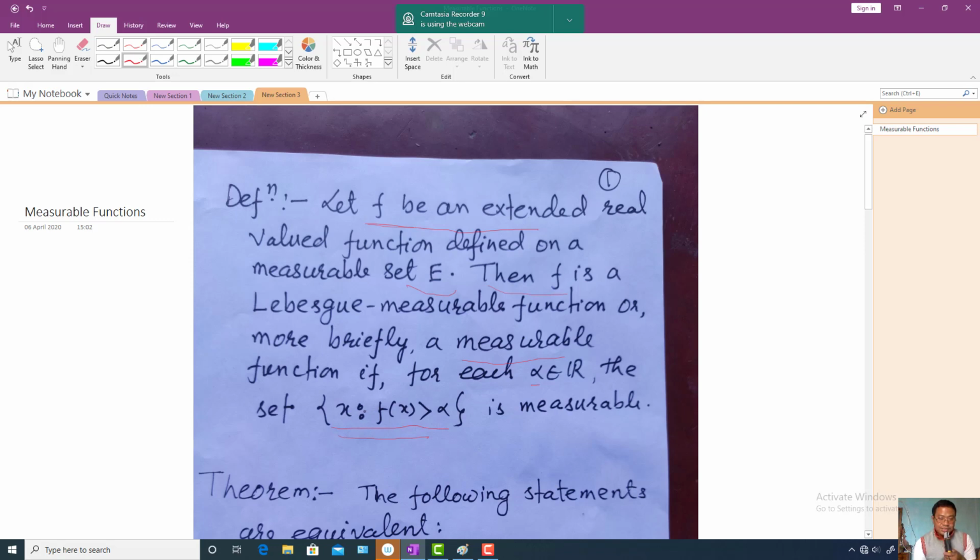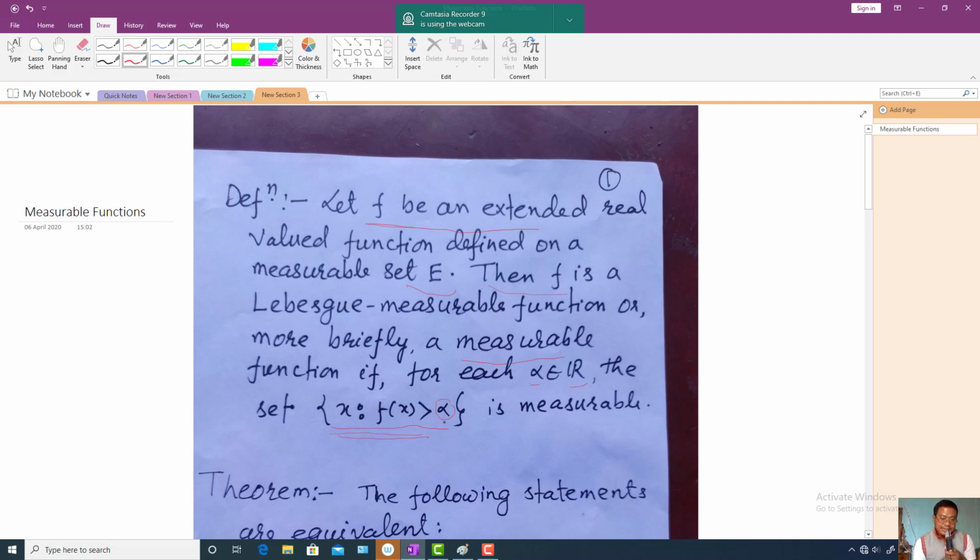It is the collection of those points x such that f of x, the value of the function at those points, is greater than alpha. This is the collection of points such that f of x is greater than alpha. If this set is measurable for each alpha in R, where alpha is any real number.